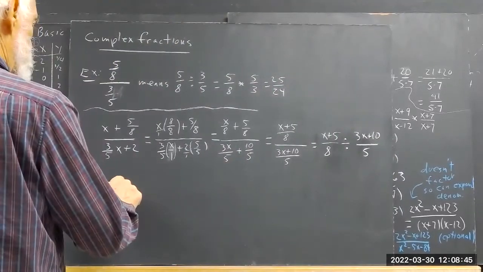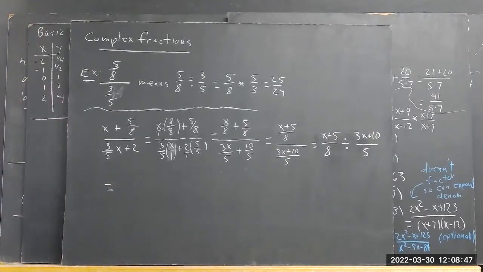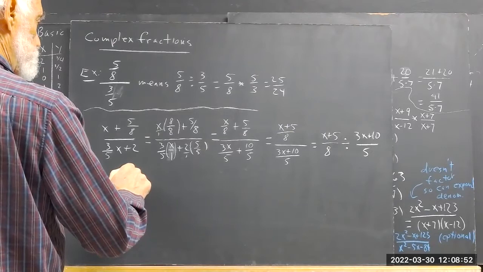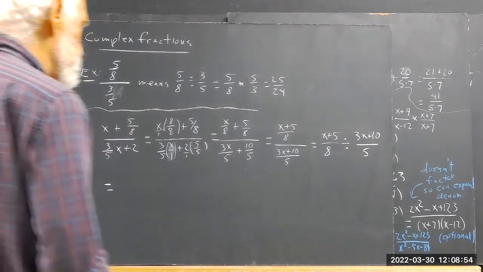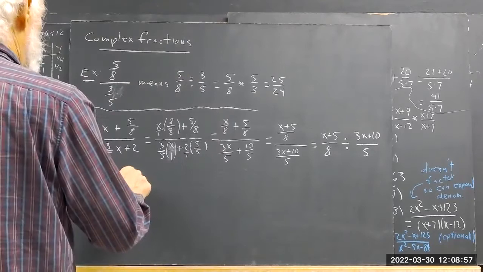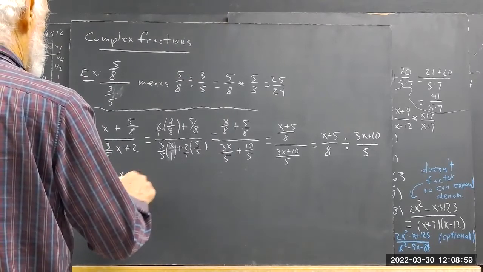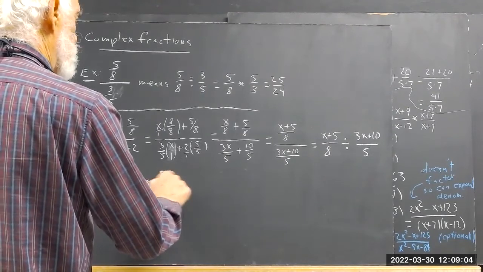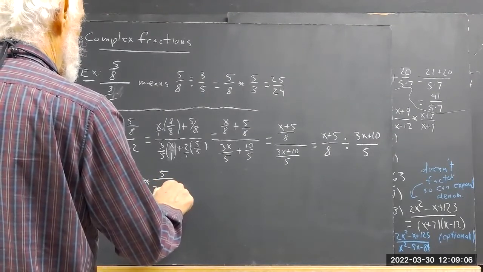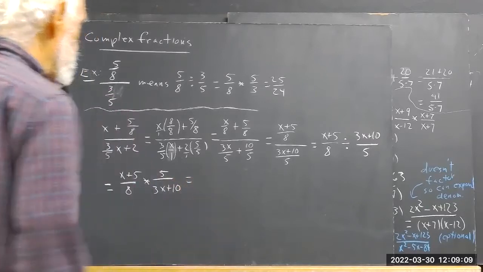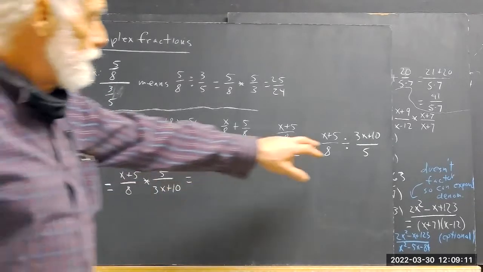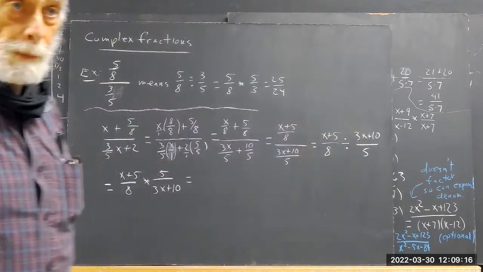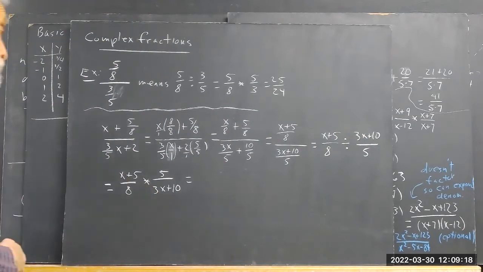Well, I'm out of room, so I've got to come back over here, but that equals then x plus 5 over 8 multiplied by 5 over 3x plus 10, because division is just multiplication by the reciprocal. So I just flip the numerator and denominator, get the reciprocal, and here I have it.